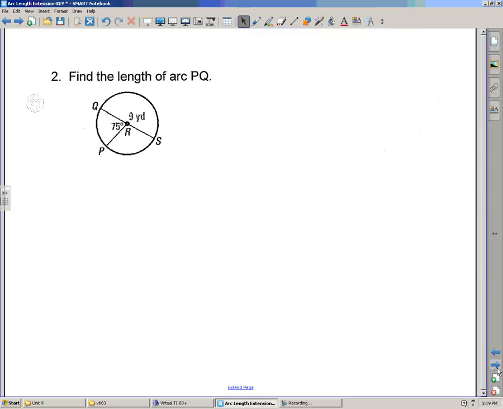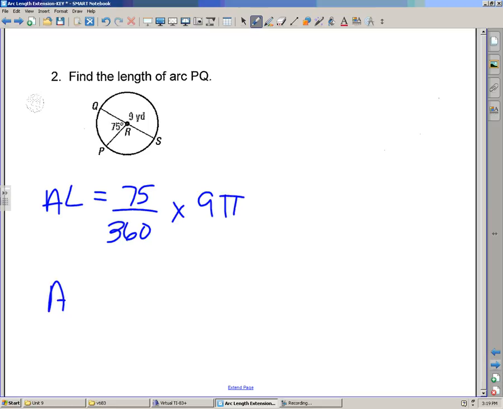We want to find the length of arc QP. Well, arc QP has a degree measure of 75. So arc length is the degree measure out of 360 times the circumference. The diameter of this circle is 9, so the circumference is 9 pi. Remember, we want two answers, one in terms of pi, and one that's an approximate answer.